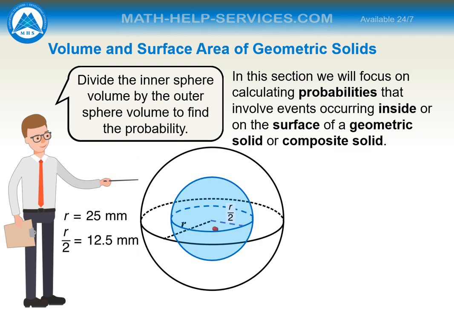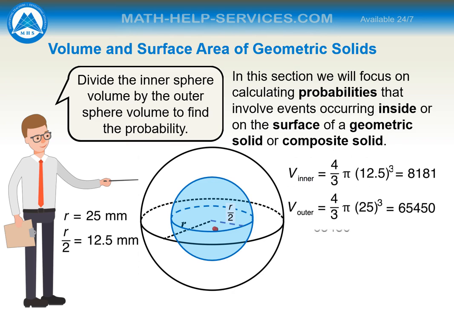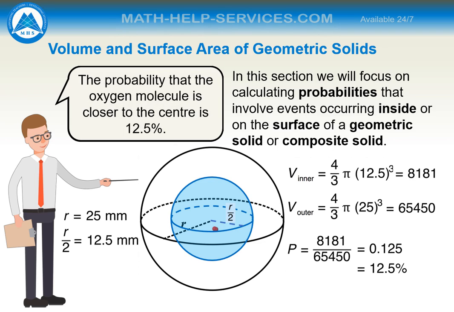Divide the inner sphere volume by the outer sphere volume to find the probability. Substituting for the inner and the outer, then dividing, we see that we have 12.5%. So the probability that the oxygen molecule is closer to the center is 12.5%.